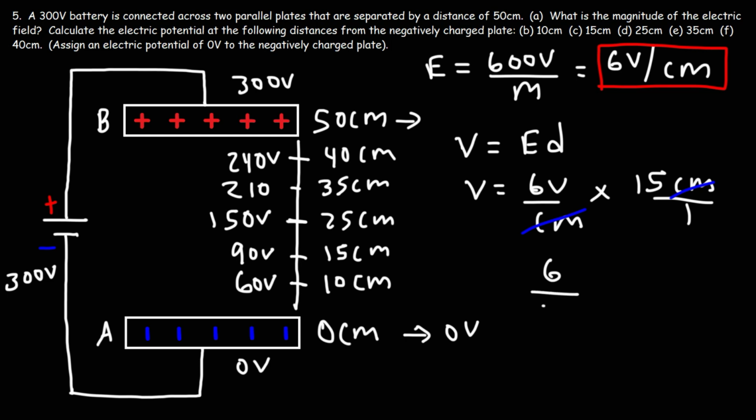And we can confirm it with this formula. If we multiply this by 35 centimeters, 6 times 35 is 210. So anywhere along this line, the electric potential between the two charged plates is 210 volts. So that's how you can calculate the electric potential anywhere between the two plates. It's by using this formula.